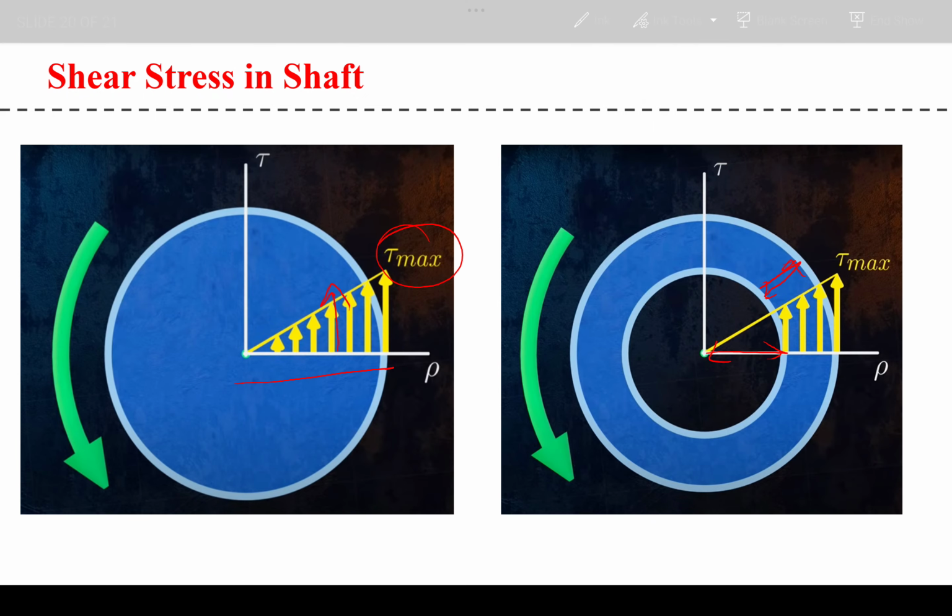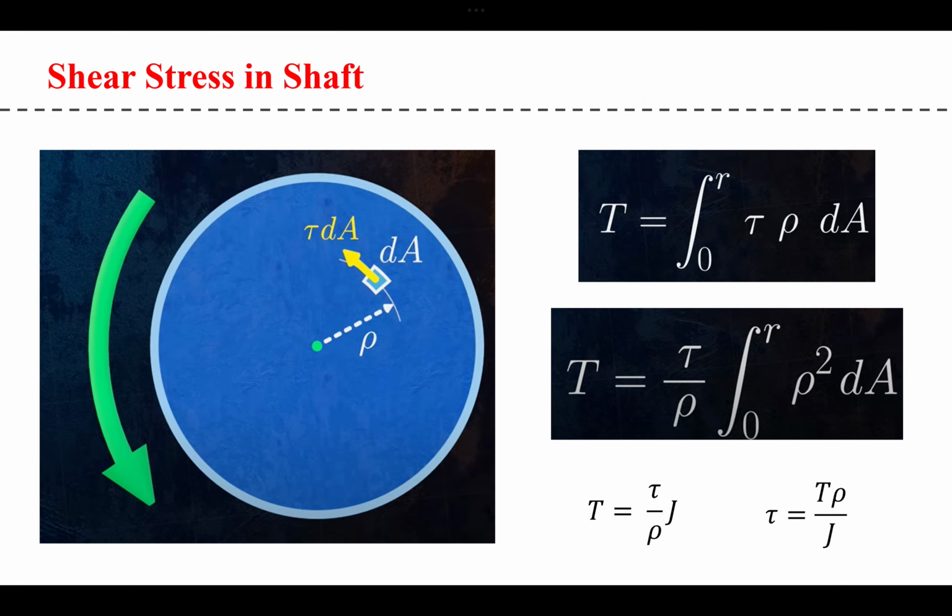As you can see, when you have the force and you have the radius, you can create a torque in this way. The torque is given as the force, tau dA, multiplied by the radius, so force times radius gives you the rotating torque at that specific element.